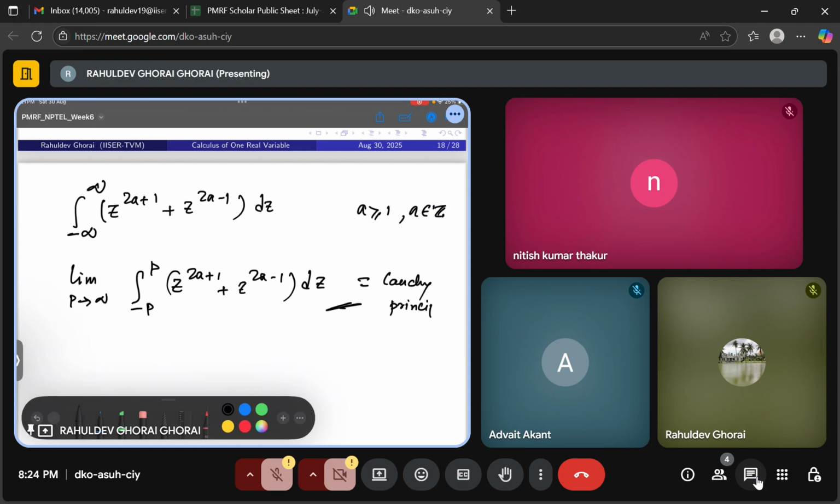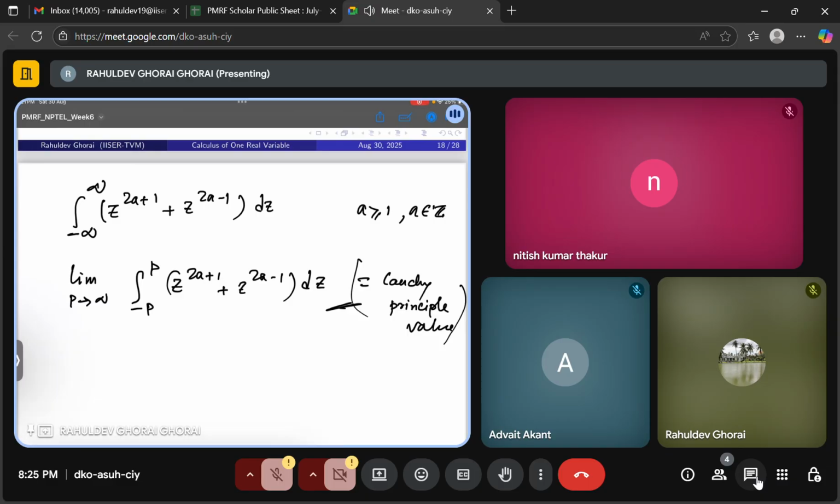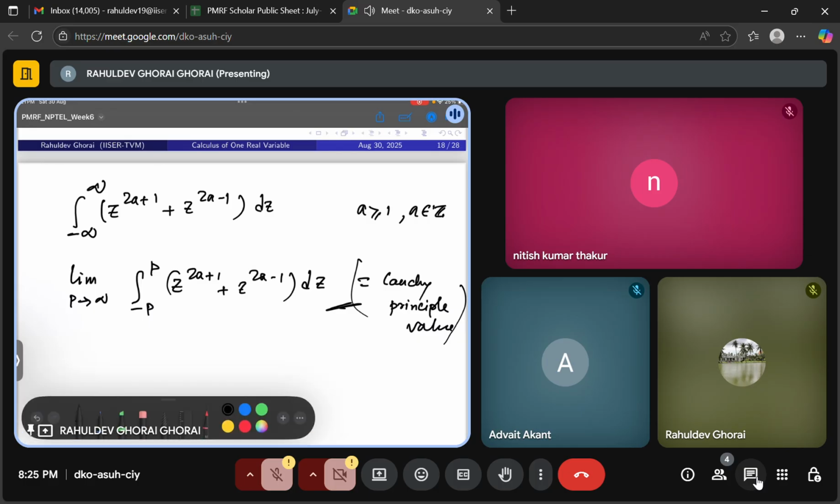Sarah has also told that this Cauchy principal value is sometimes finite, but it might happen that the integral does not exist.